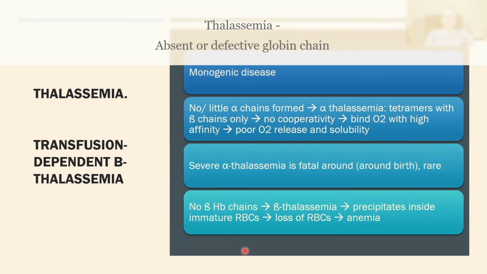Another disease, thalassemia. It is also a monogenic disease, and it can be either alpha thalassemia or beta thalassemia.